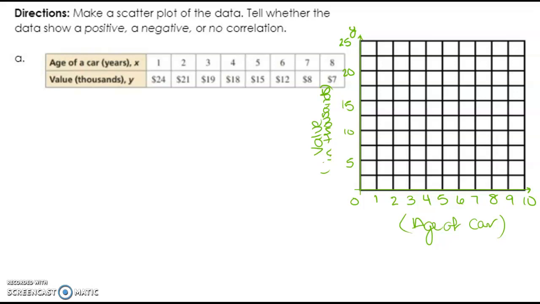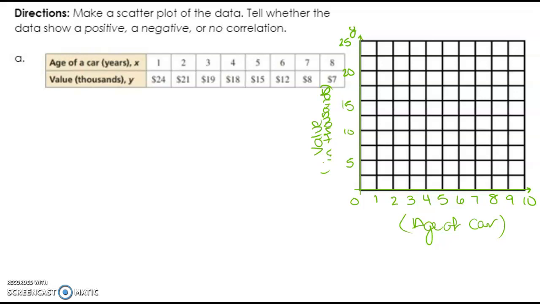I've already put this together, and if you were to put this on your own graph, just make sure that you have all of the points that you need to have on there, and you have it spread out enough so that you can see a general trend. If it's all kind of smushed together in one little area, then it's harder to see trends.